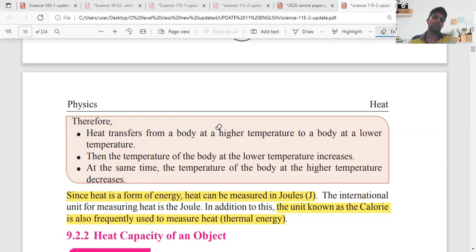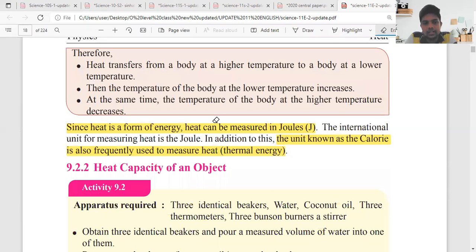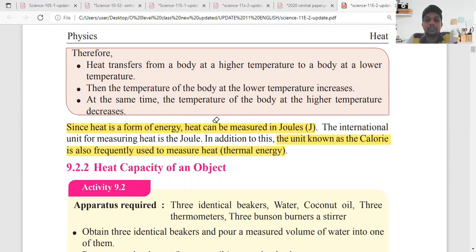Okay, so let's go for the final part. Since heat is a form of energy, it can be measured in joules. It is a very important one. The work, kinetic energy, potential energy, almost all types of energy or work that you have done, we measure in joules.